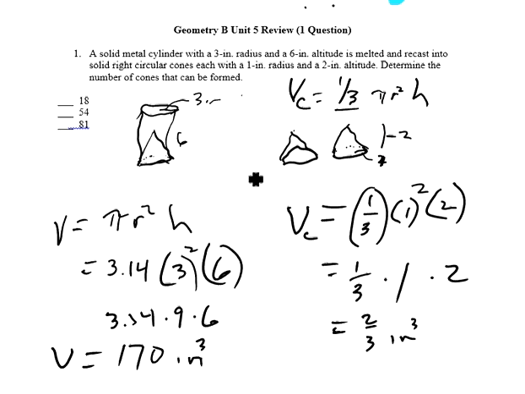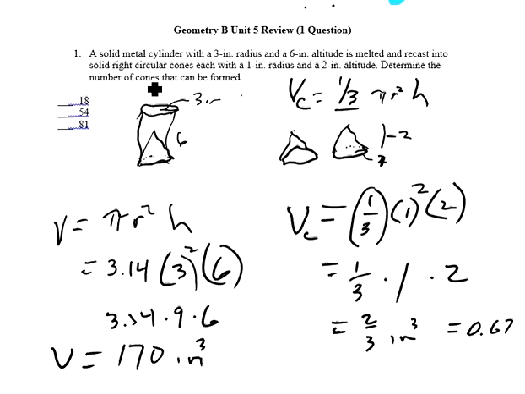So the question is, how many cones can I make? Well, there's a few ways I could divide, and one way is if we convert 2/3 to a decimal. And 2/3 is about 0.67.